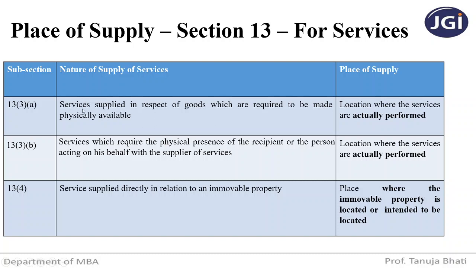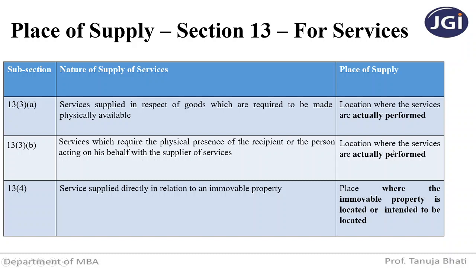Where the nature of services supplied is in respect of goods which are required to be made physically available, the place of supply will be the location where the services are actually performed. Next, services which require the physical presence of the recipient or the person acting on his behalf with the supplier of service.